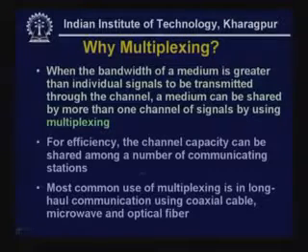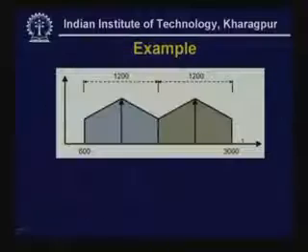That means, we have to utilize the channel capacity fully, and for that purpose multiplexing can be done. As you know, the most common use of multiplexing is in long haul communication using coaxial cable, microwave, and optical fiber. For long distance communication, normally we use optical fiber, or terrestrial microwave or satellite microwave, and all these transmission media have high bandwidth, and these are to be shared by using multiplexing.